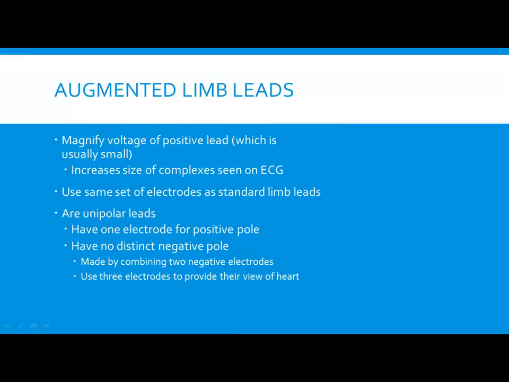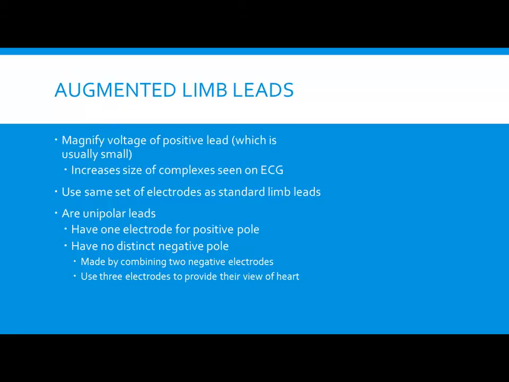Your augmented limb leads. So our standard limb leads are leads what? 1, 2, and 3. Then just off of these 4 leads right here, we can have 3 more views. AVR, augmented voltage right, AVL, augmented voltage left, or AVF, augmented voltage foot, or left leg, foot. Okay?